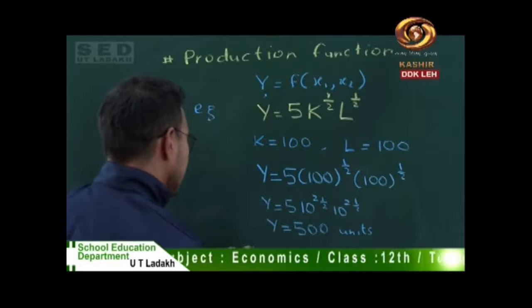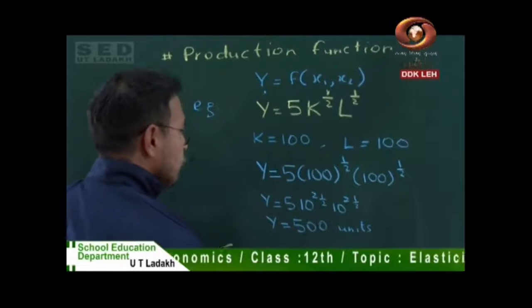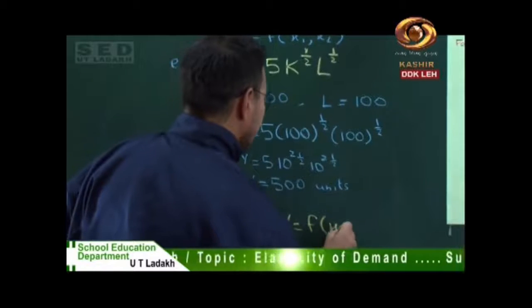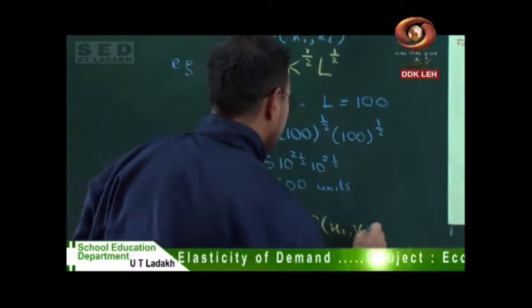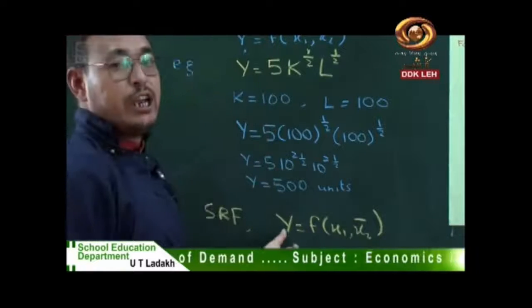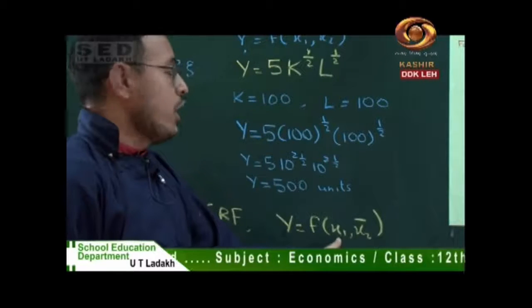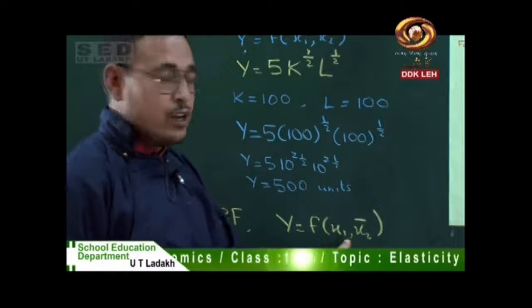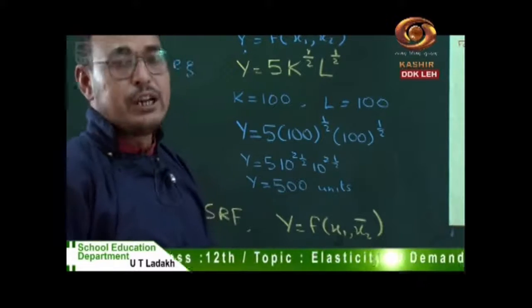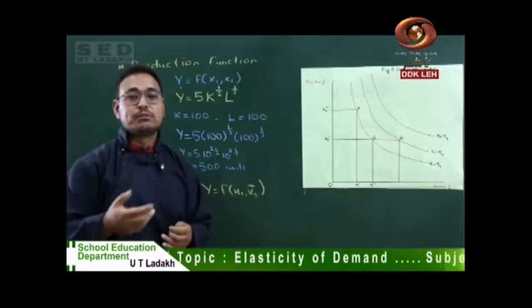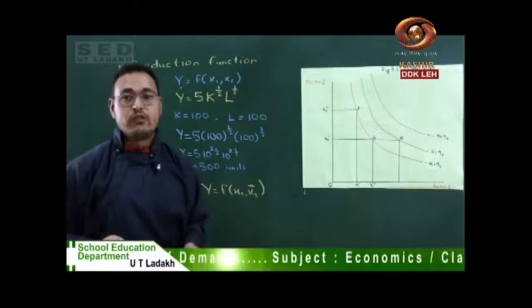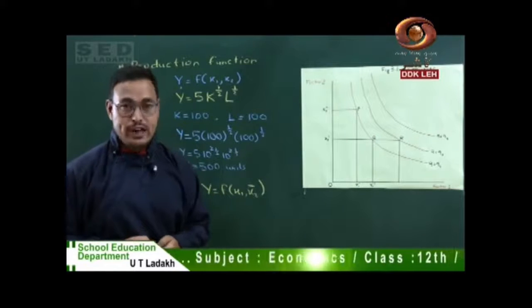In the short run production function, we generally assume that some of the inputs are fixed and some are variable.